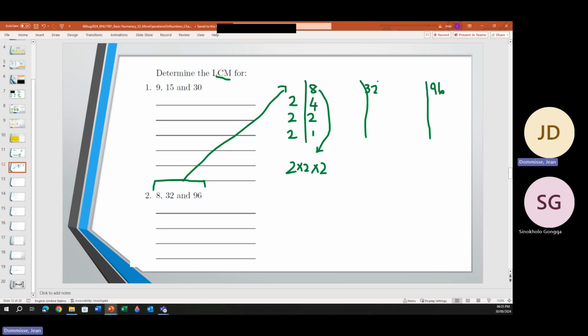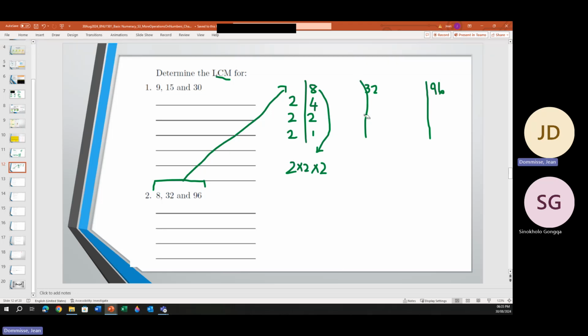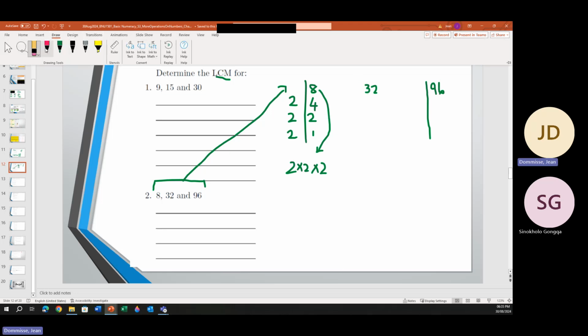So let's look at the factors of 32. Again, start at 2.